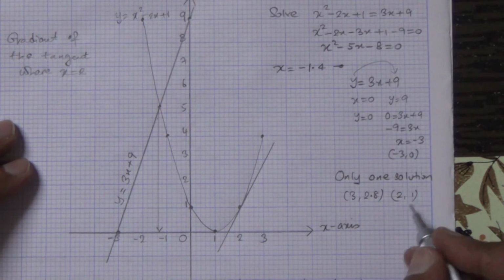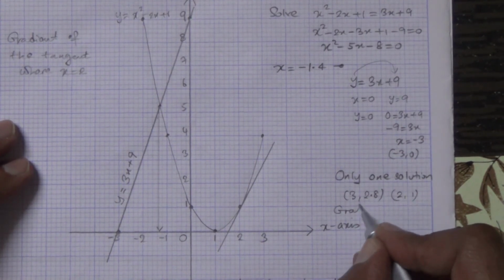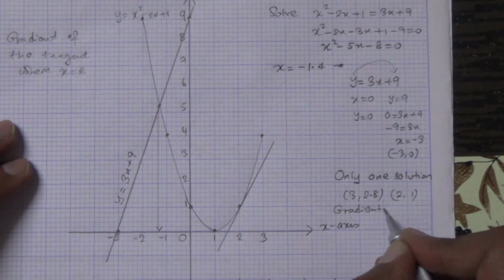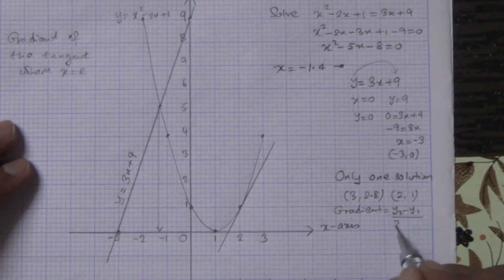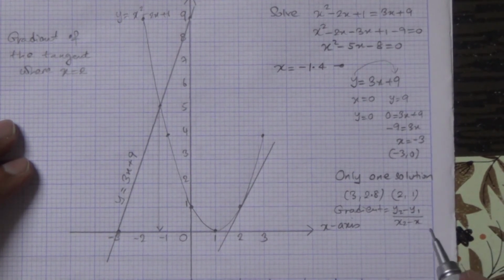If you want to find the gradient, you can say that the gradient m is going to be equal to y2 minus y1 divided by x2 minus x1.